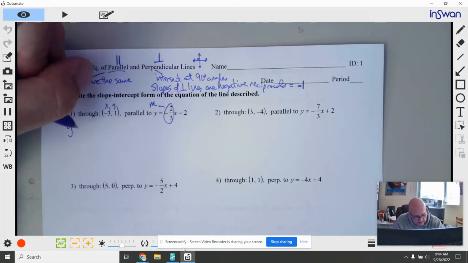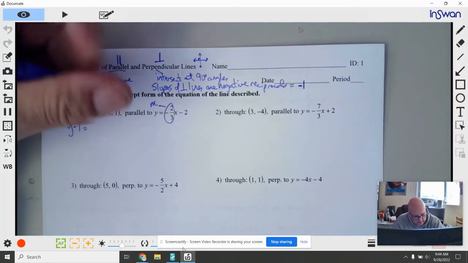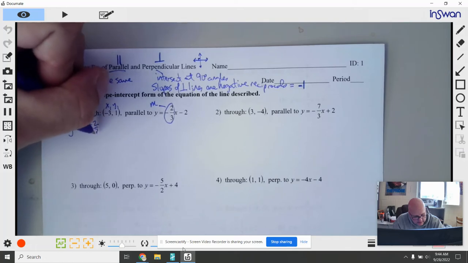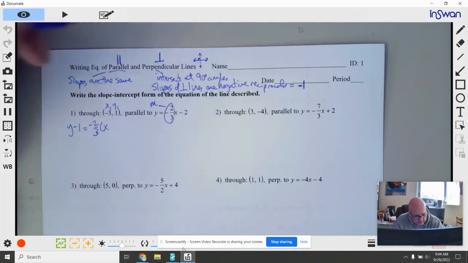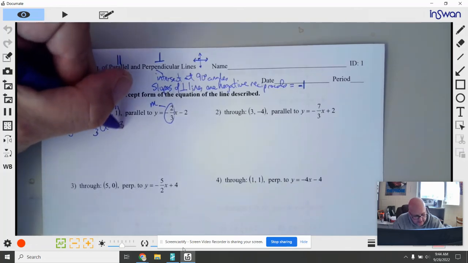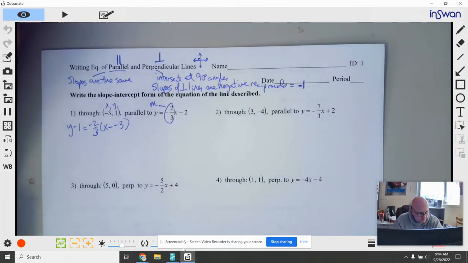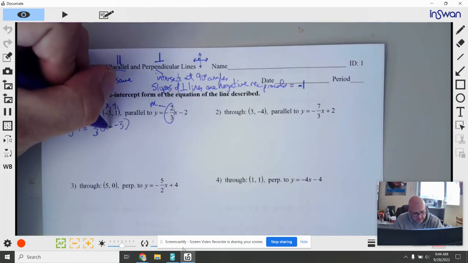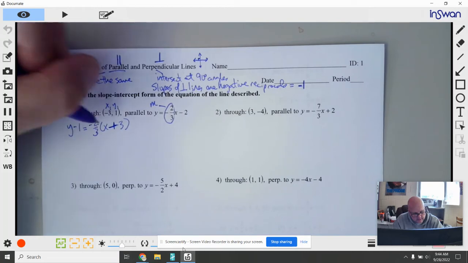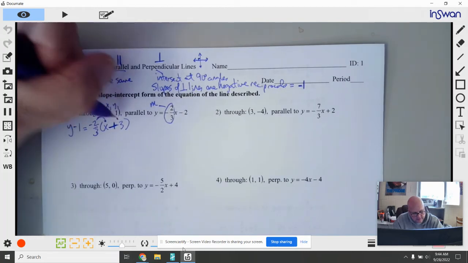Y minus 1 equals -2/3 times the quantity x minus -3. Make that a big positive then, and let's distribute.